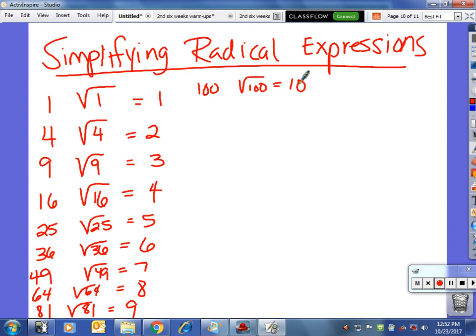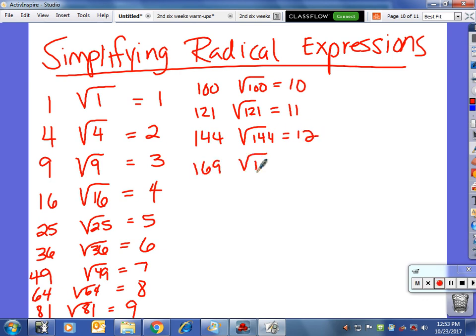Alright, you should be all the way up to at least 10 times 10. After 100, the next one's 121. 11 times 11. Then 144. 12 times 12. Then 13 times 13 is 169. The square root of 169 is 13. And then 196.